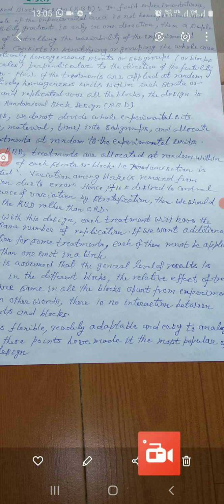Hence, if it is desired to control one source of variation by stratification, then we should select the RBD rather than CRD.